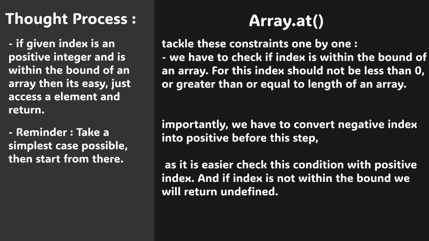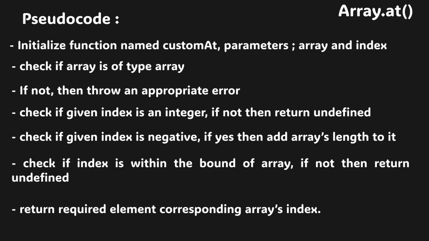Now let's write our algorithm of the custom add function in simple English sentences. First, we initialize a function with two parameters, array and index. Let's name it custom add. And this time let's start with checking if the given array is of type array, as I have shown you how to do it quite a few times in this series. And if the given array is not of type array, then throw an appropriate error.